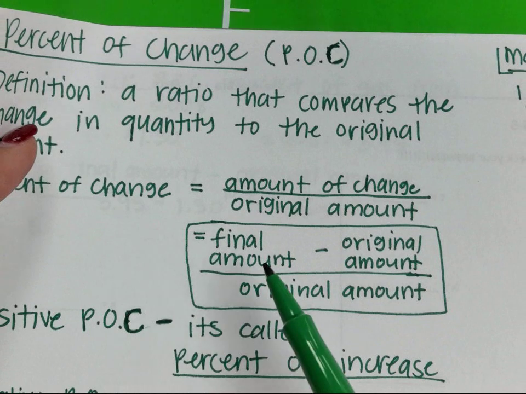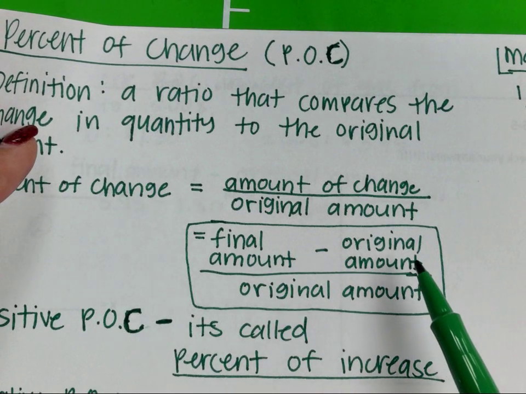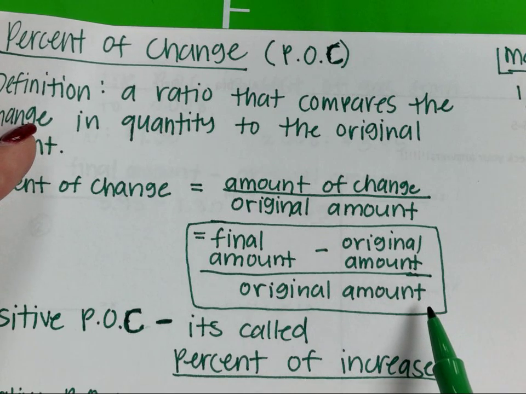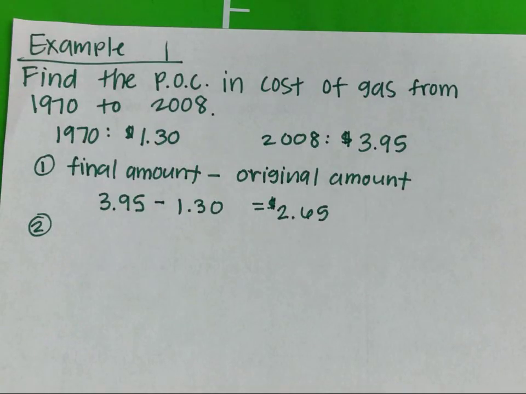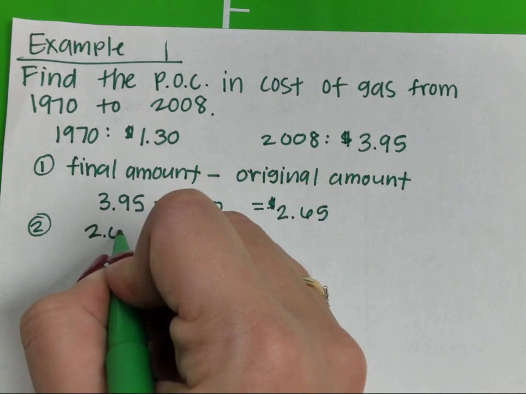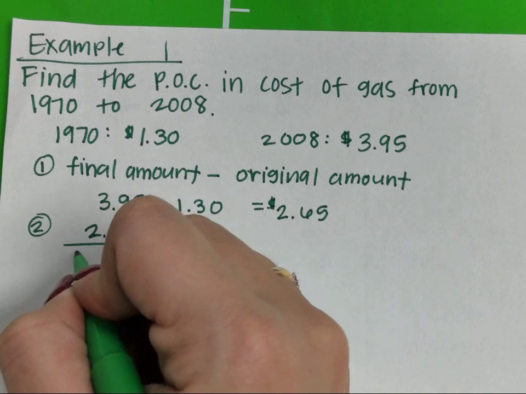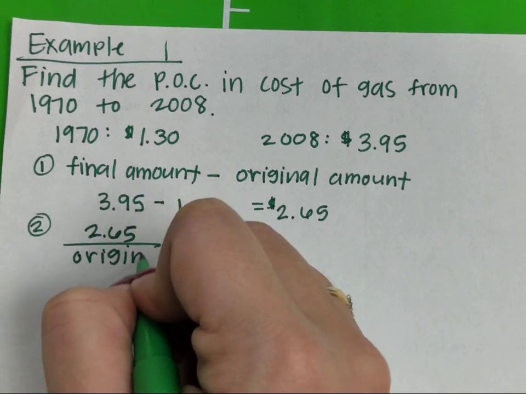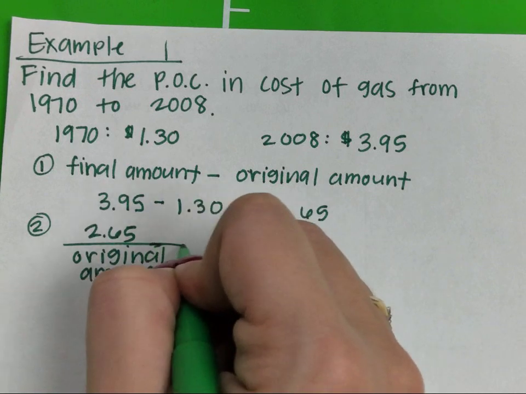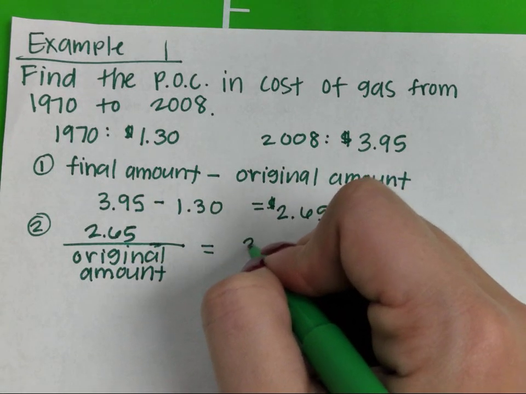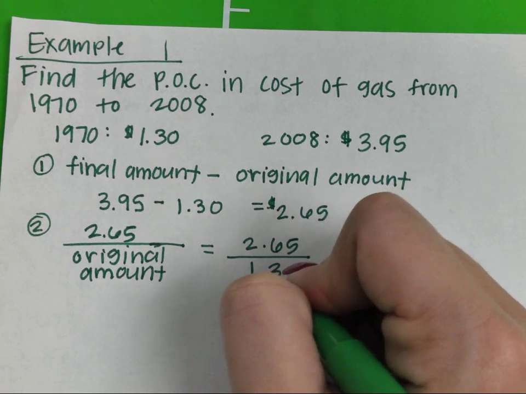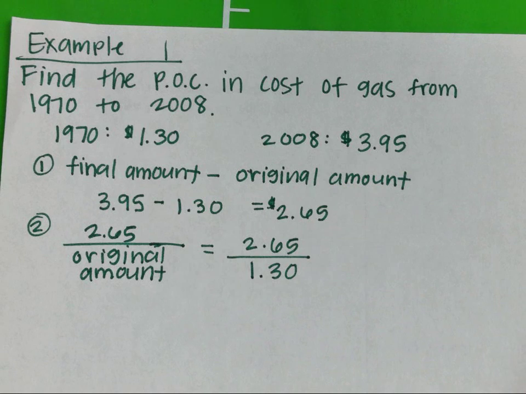We've got final amount minus the original amount, which is what we just found, 2.65, all over the original amount. So what did we say the original amount was? 1.30. So I've got 2.65 over 1.30.